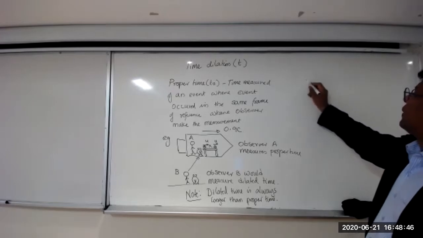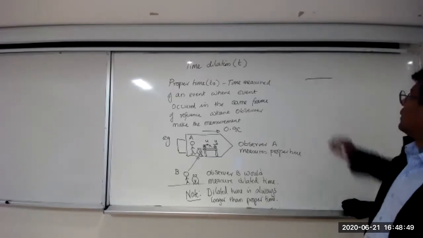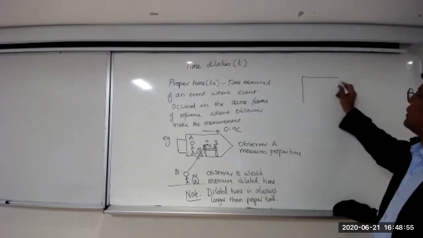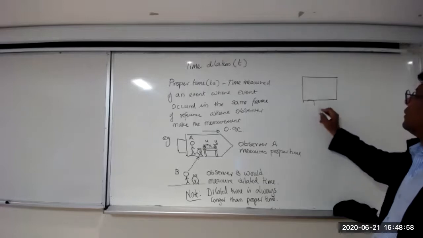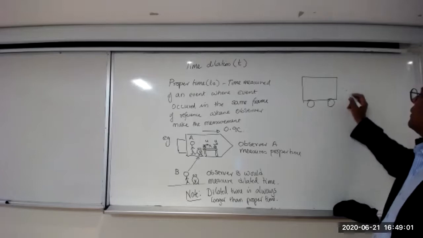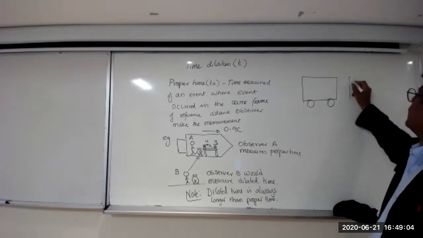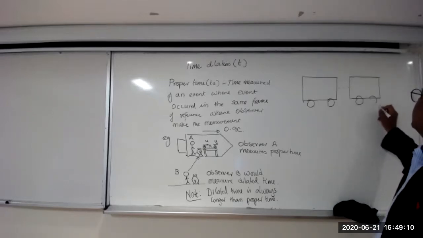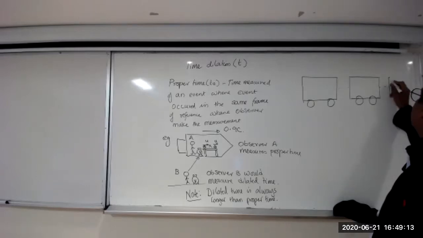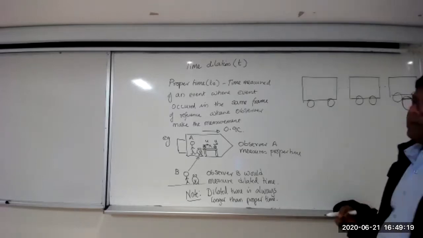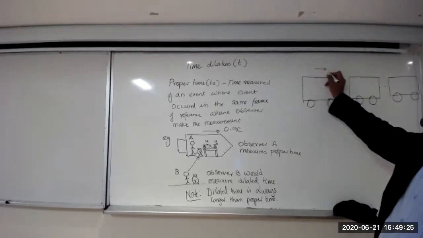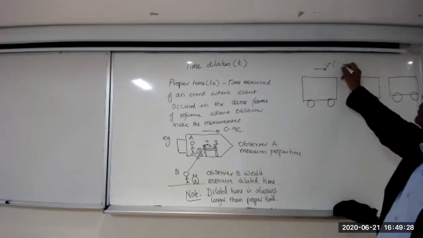Consider a situation where, say, a very high speed train is traveling at V, so close to the speed of light.